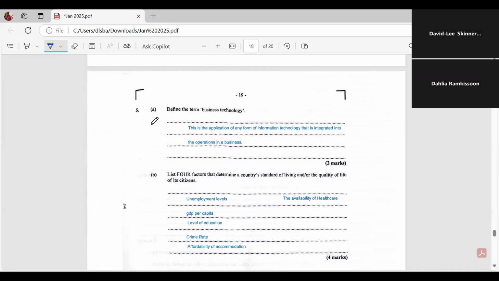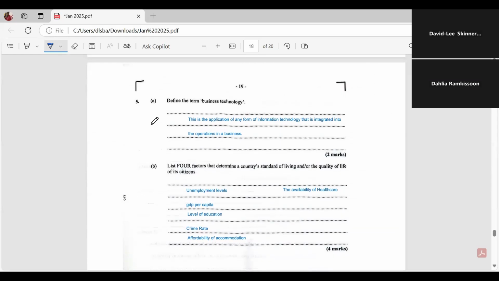Number 5 is a topic you definitely would have covered in the later part of the syllabus. They actually define the term business technology, right? This is any form of technology that is integrated for the use of business. Any integration of technology.